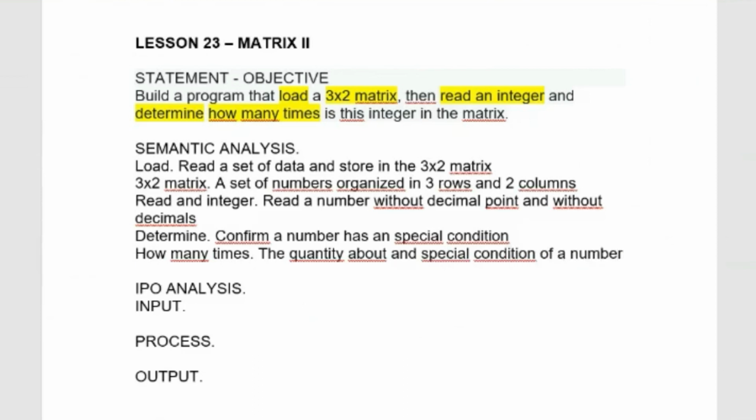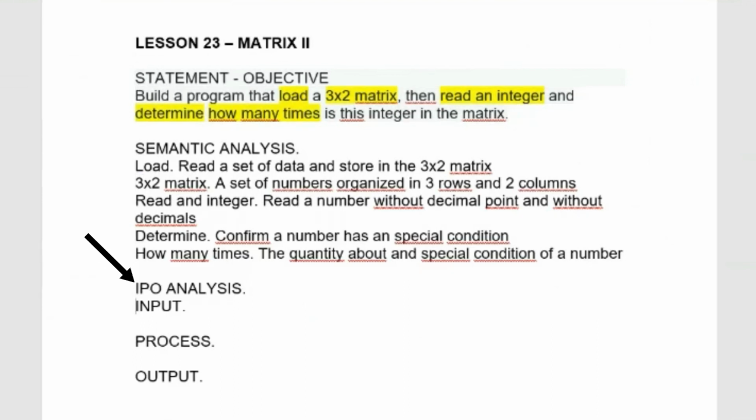Okay? Remember, you have to understand the semantic analysis. If you don't understand the semantic analysis, you really don't understand the statement objective. And if you don't understand the statement objective, be sure you can't do a program. It's impossible to do a program if you don't understand that.